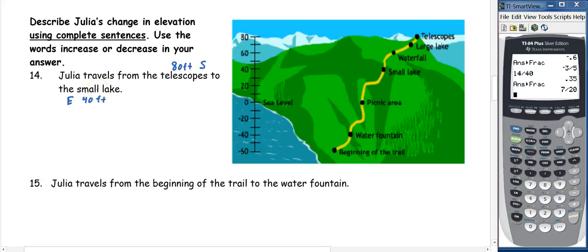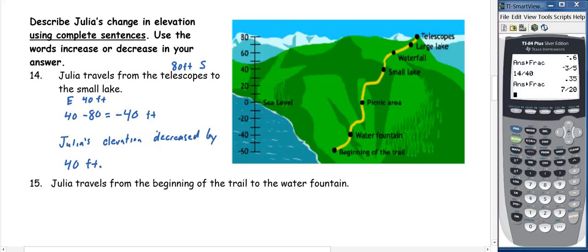So we want to find the change in elevation. So we're going to do end minus start is -40 feet. So we would say that Julia's elevation decreased because it was negative by 40 feet. Again, we don't put the negative because we already said decreased.